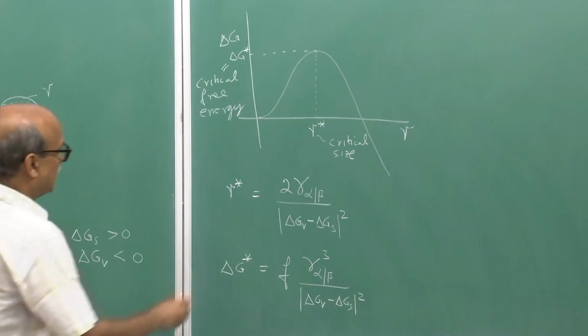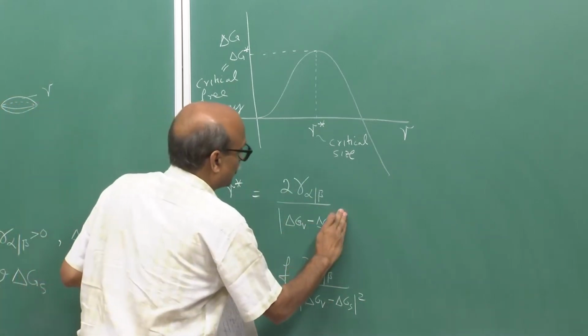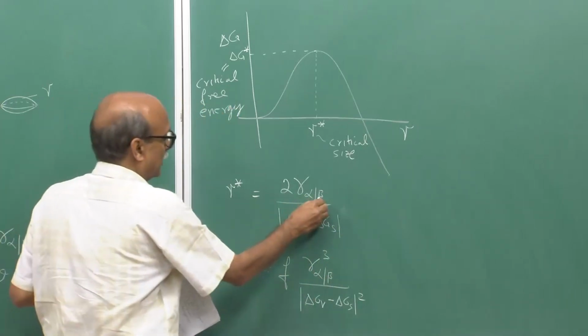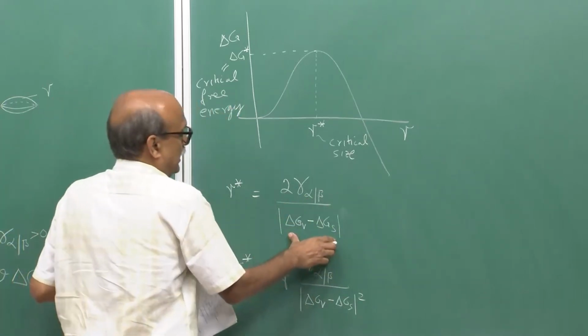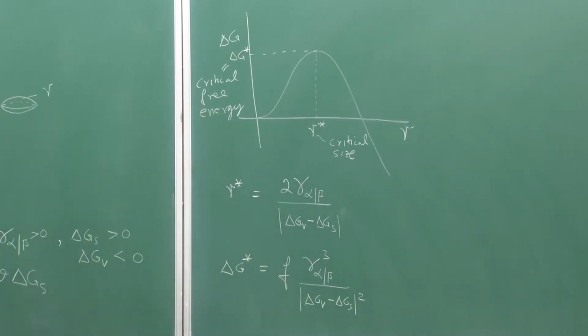I made a small mistake in the critical size of the nucleus. There is no square here. So, it is simply 2 gamma alpha beta divided by the absolute value of delta GV minus delta GS.